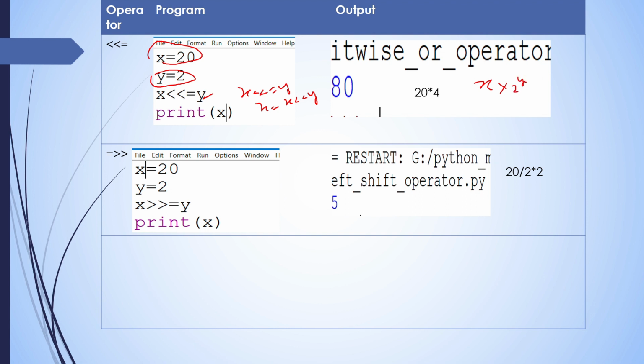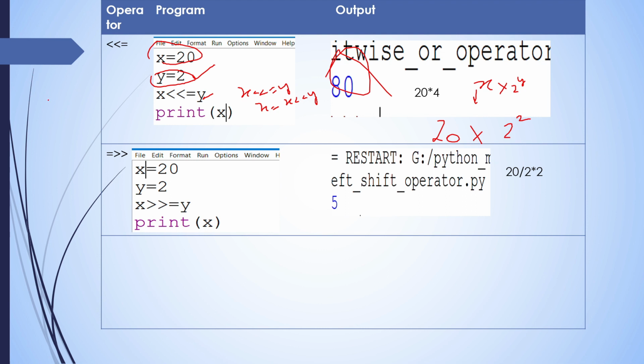This is the formula for calculating the answer in the left shift assignment operator. Here the value of x is 20, and 2 to the power 2 bits, y is 2. So 20 into 4 is equal to 80.